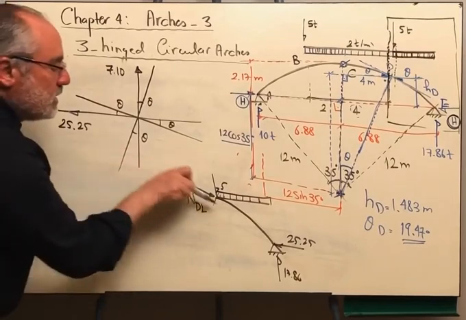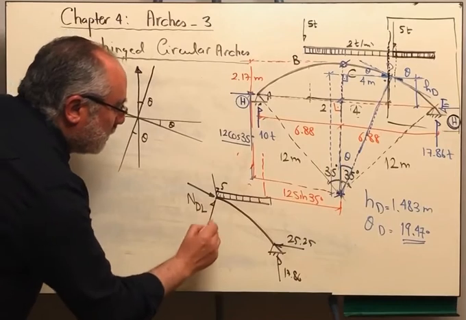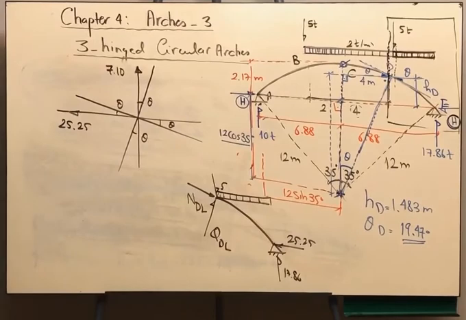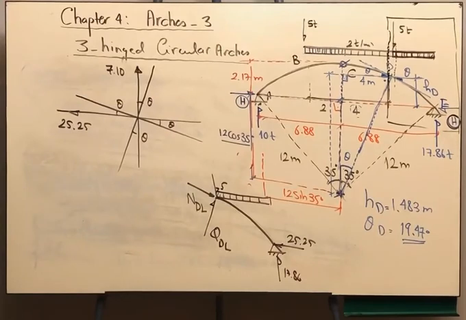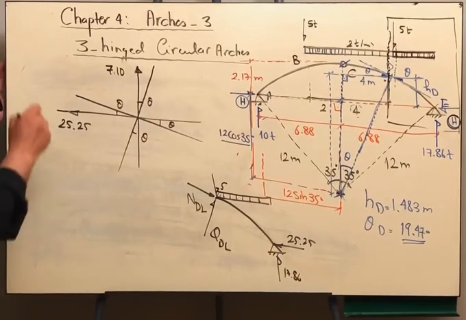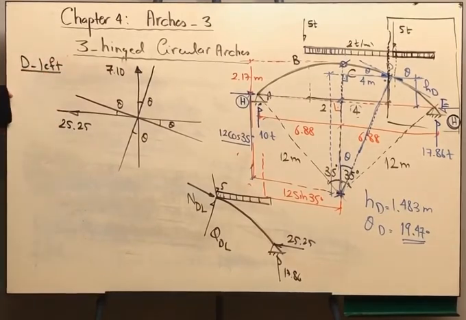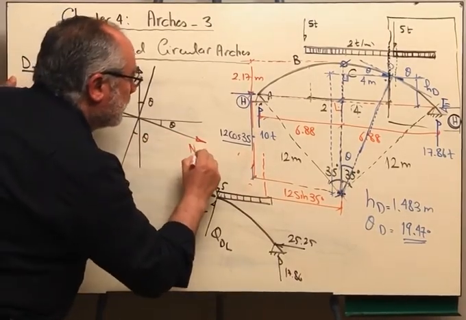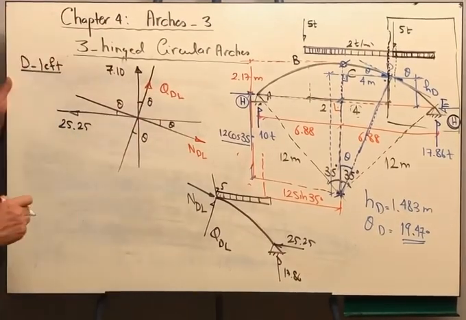So the normal force will be directed towards the section. Still, the cut section is on my left. So the positive shear will be upward like that. And the bending moment, of course, is the same, either left or right, because the concentrated load does not cause any change in the moment. So this is point D left. Okay? Therefore the direction of the normal force, this is N_D left, and this is Q_D left.